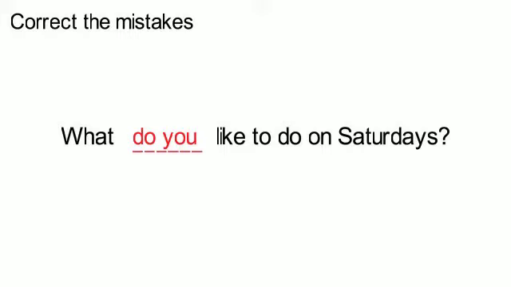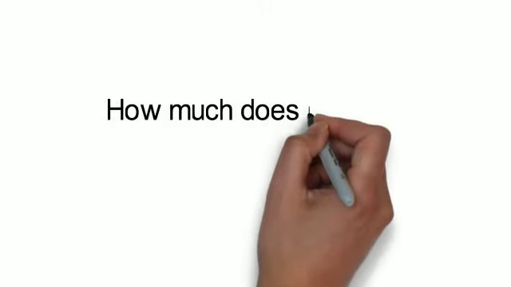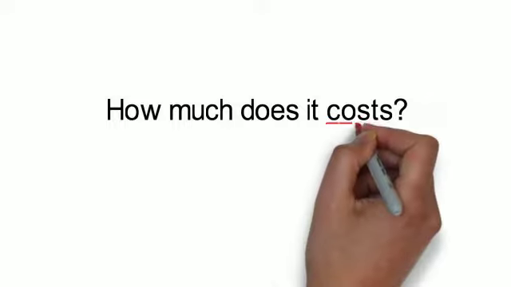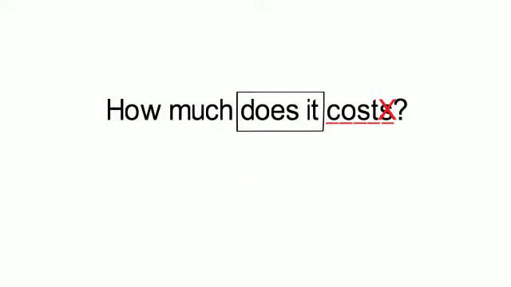Okay, here is the final question. Can you find the mistake? How much does it cost? The problem is with cost. You do not need to change cost to costs. In this question, does agrees with it, so you don't need to change the verb cost.